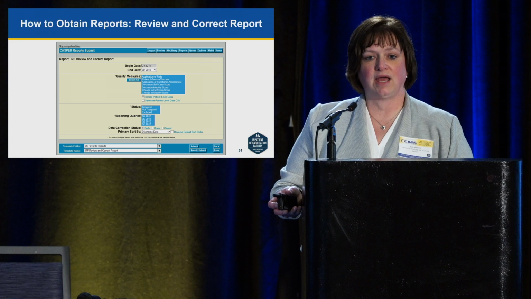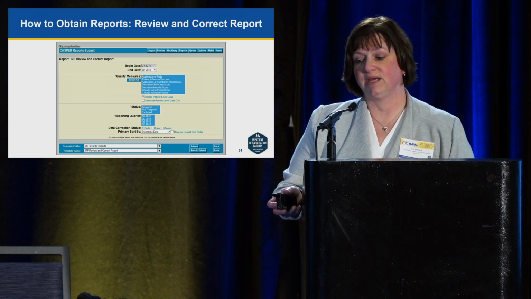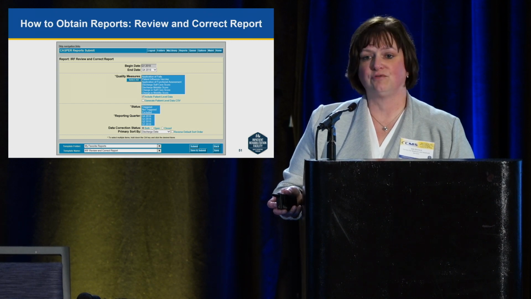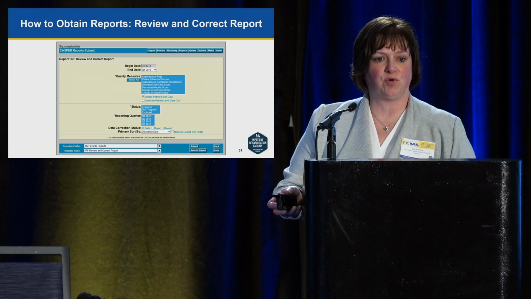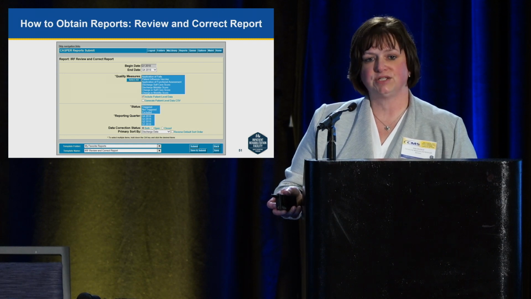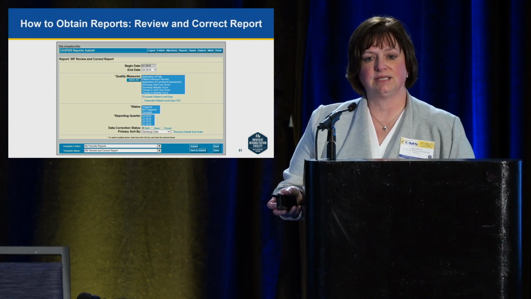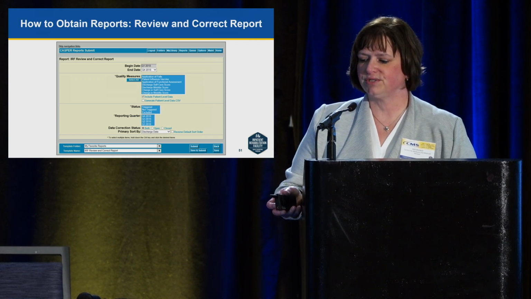You can request the report for all quality measures at once, or you can pick and choose quality measures that you would like to receive data for on the report. All quality measures will be included in the report by default. If you'd like to include 1 or 2 or 3, you can simply click on the measure name and use your control key to select one or multiple measures.